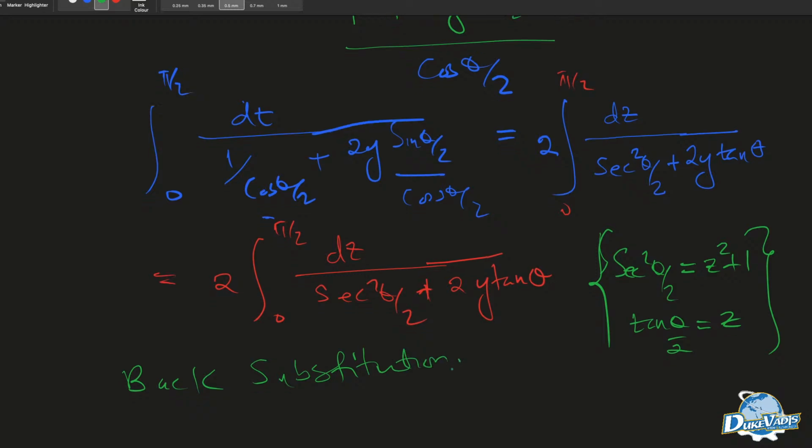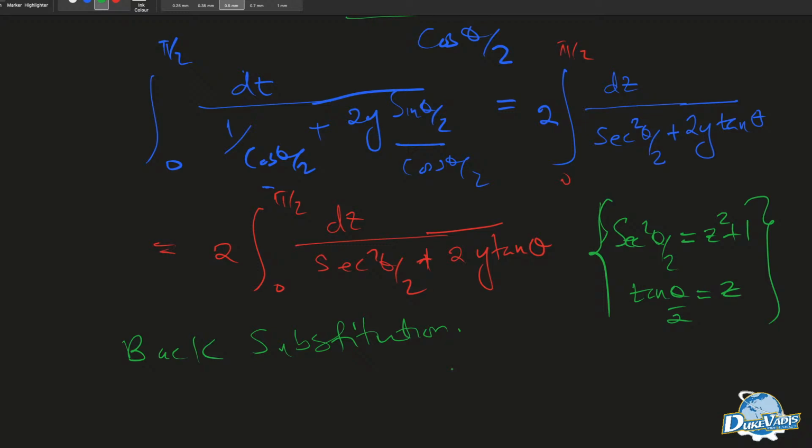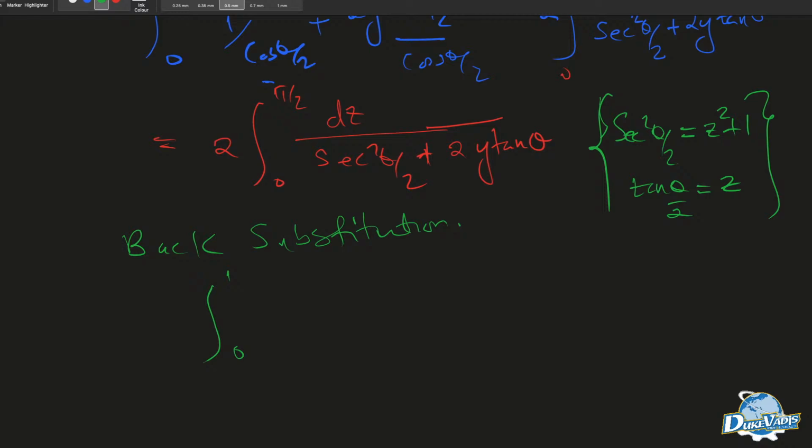Our back substitution will give us the integral. When we put those values back, we are going to get limits 1 and 0, then dz all over z squared plus 1 plus 2y times z.